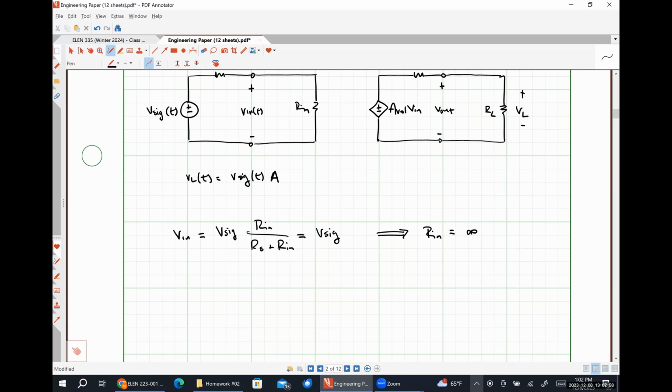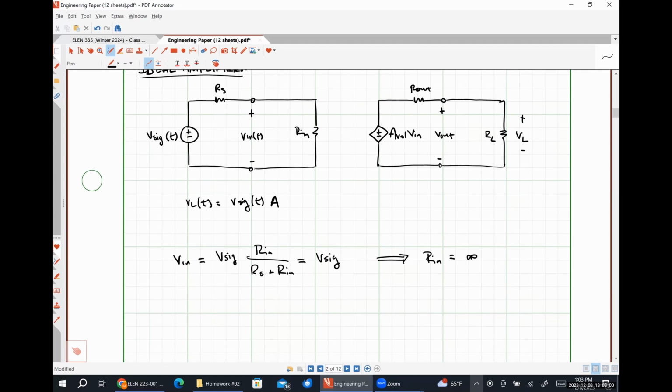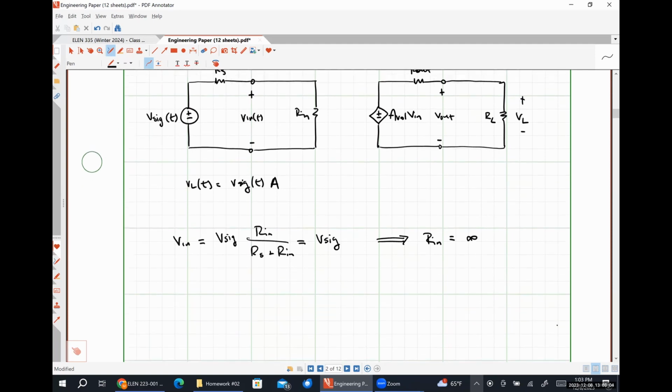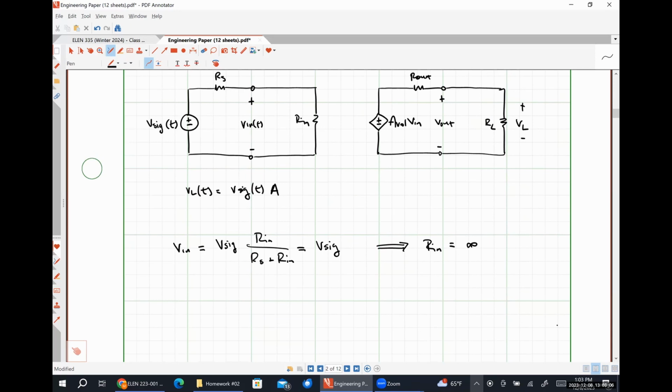Now, we can see that our load voltage, VL, is going to be equal to AVOL, or yeah, let's call it AVOL for now. Really just A, but whatever.